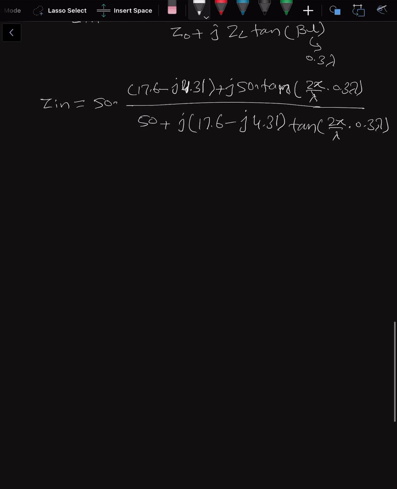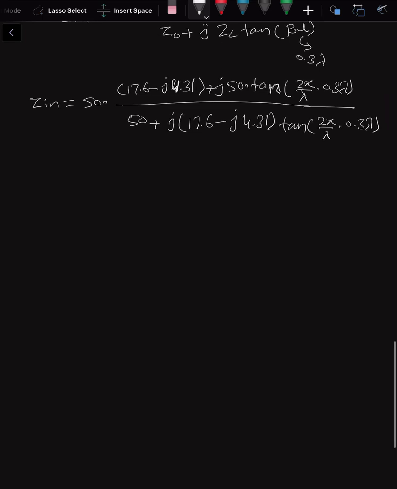Now this looks like a lot of math. You can calculate it by hand, or you can simply plug it into Wolfram Alpha or any online calculator, and it'll make your life much easier. But you can actually calculate it. When you multiply j by j, it will be -1, and you plug in the values of the tangent using a calculator as well.